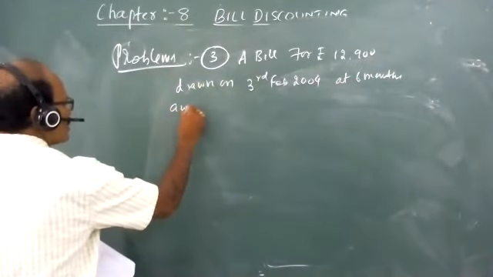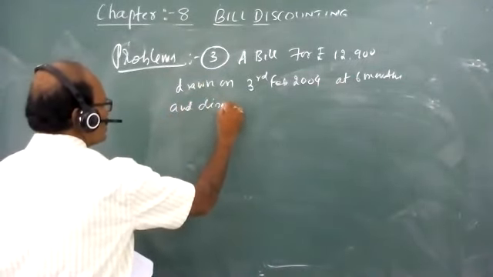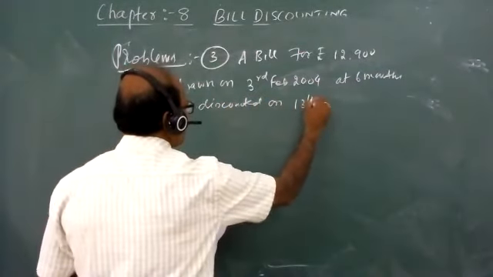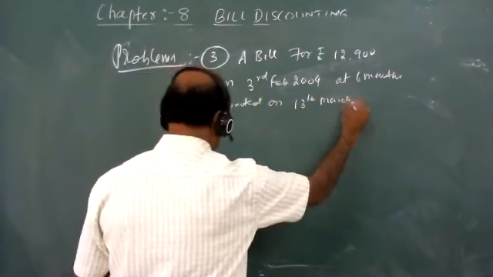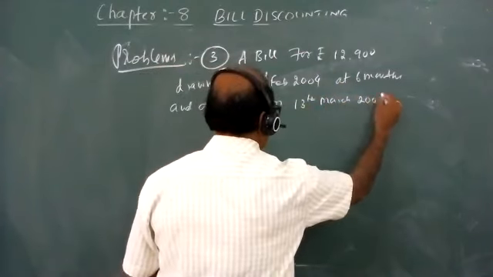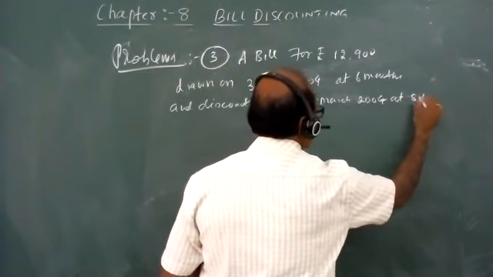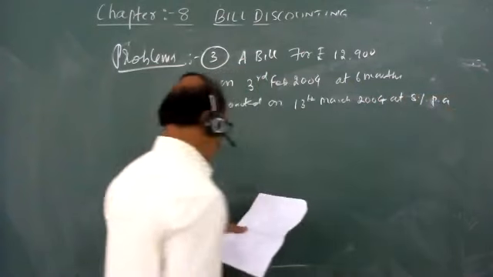And it was discounted on 13th March 2004 at 8% per annum.